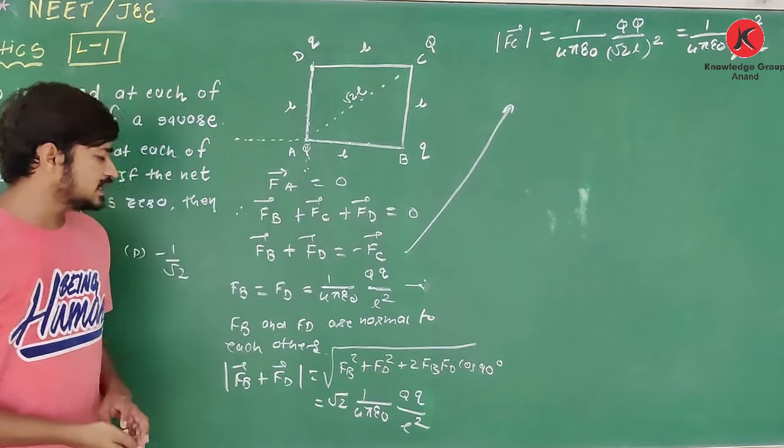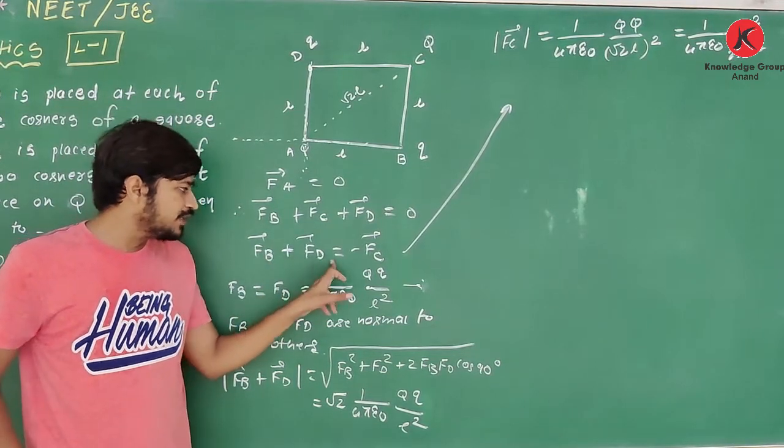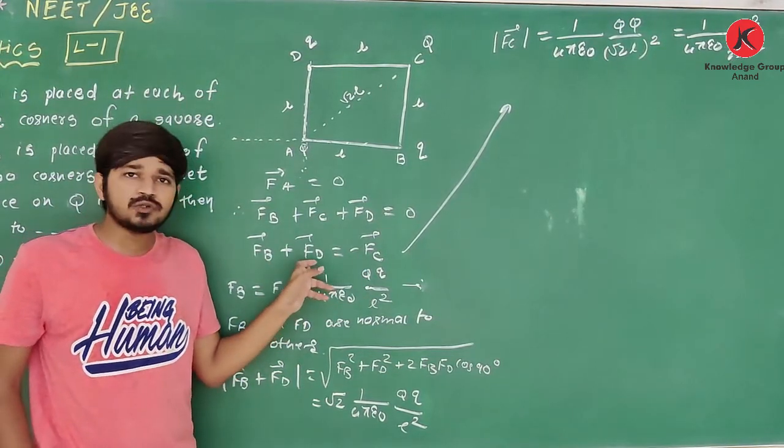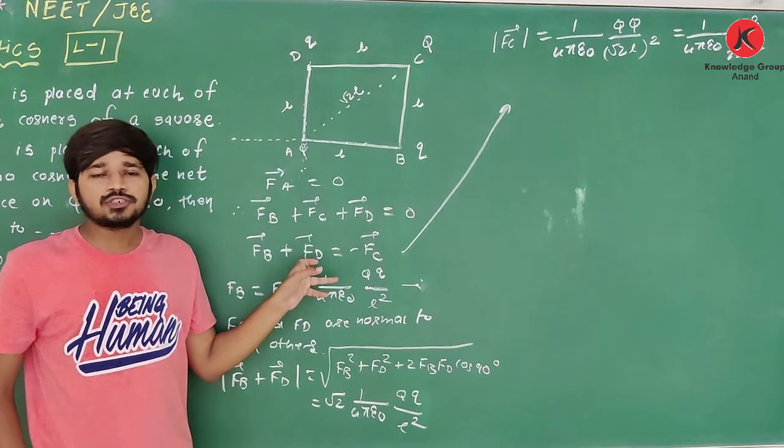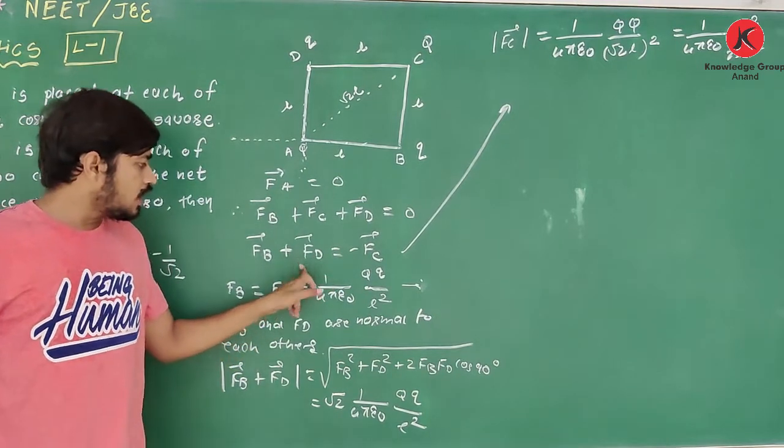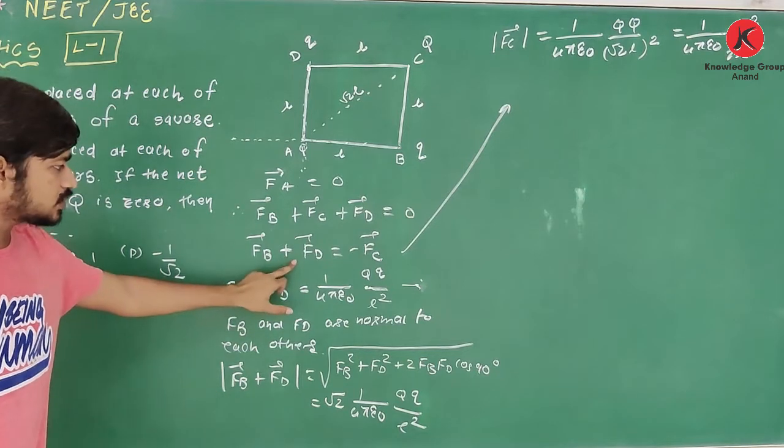The meaning of this equation is FB plus FT is equal to minus FC, which means the magnitudes are equal but the directions are opposite. So from this equation, how to write?